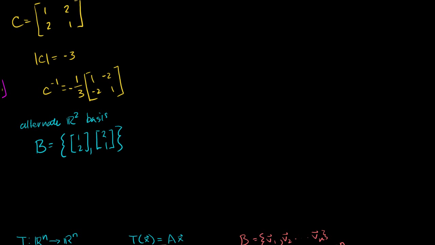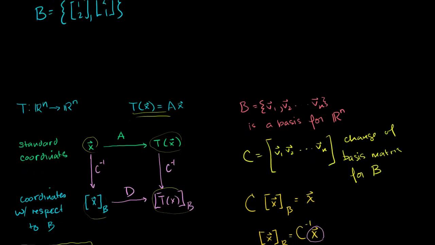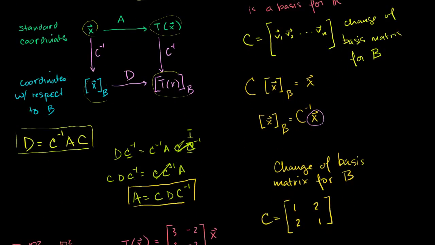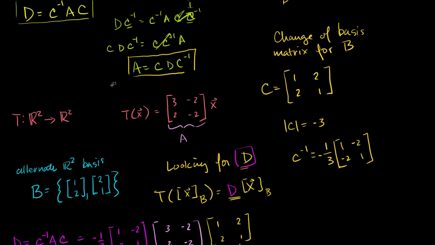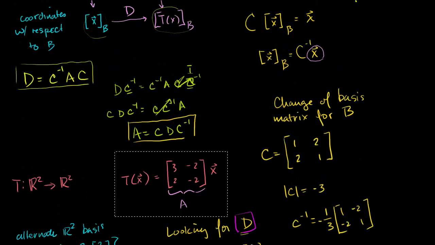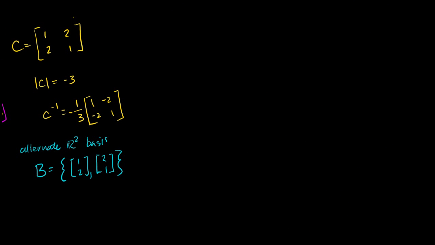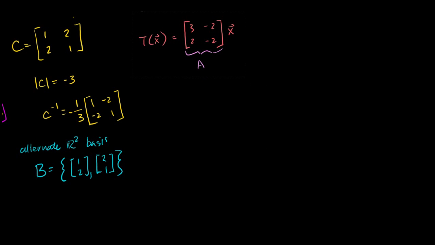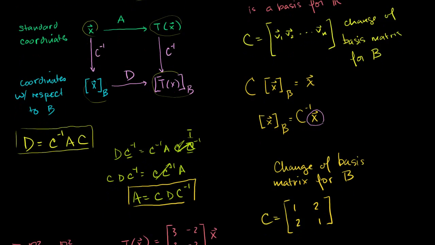And then we want to write what our transformation matrix is with respect to the standard basis. And I wrote that right over here. This was all from the last problem, if you're wondering where I got all this stuff. Let me copy and then paste that. And then the whole point of the last video is we figured out what the transformation matrix is with respect to this basis right here.